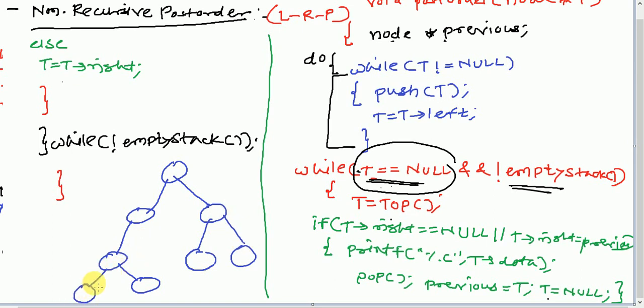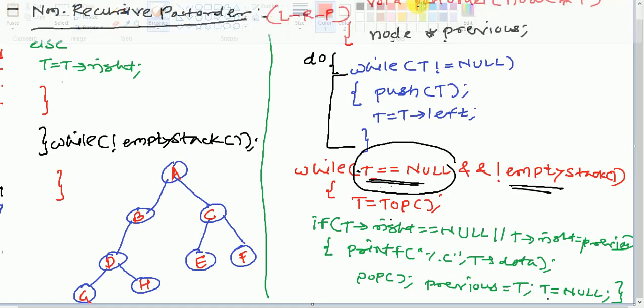And I'll put values here: A, B, C, D, E, F, G, H.